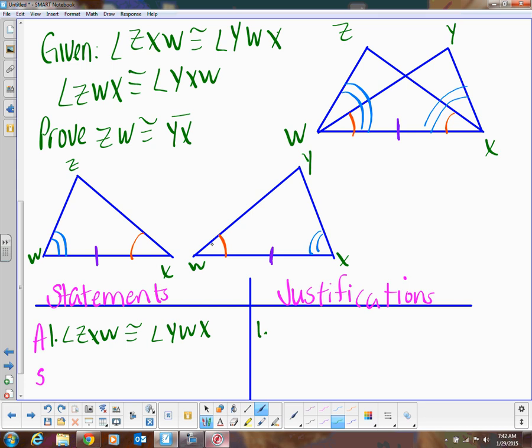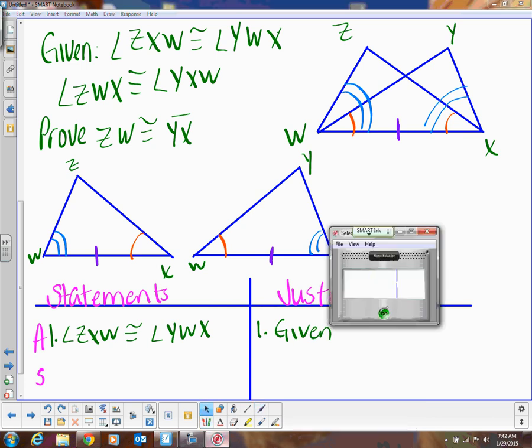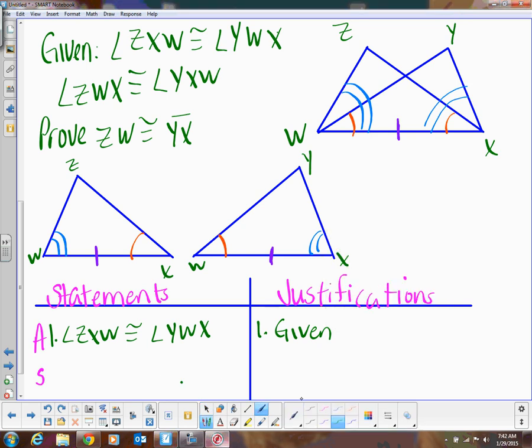Those are the first ones we marked. Yes, it was given. All right, I need my segment. What segment is congruent? Karen? WX is congruent to WX. Excellent. Reflexive.